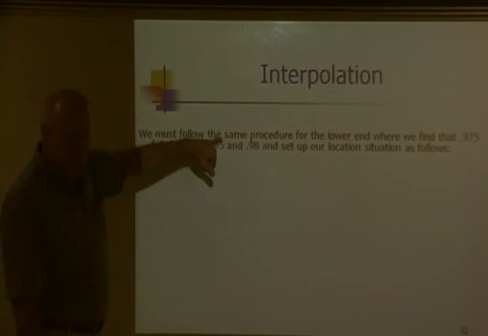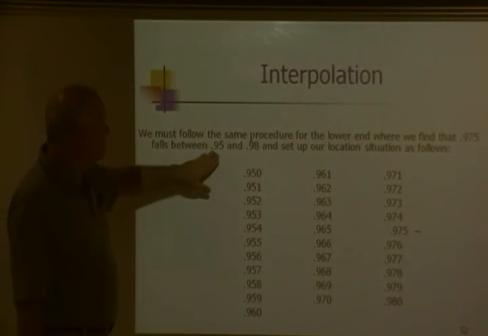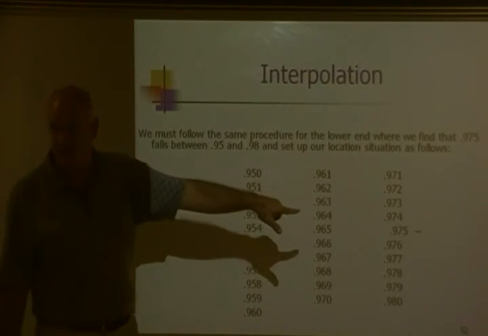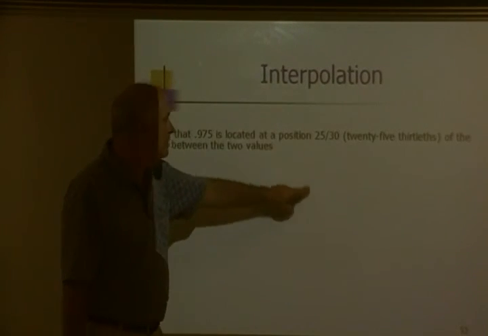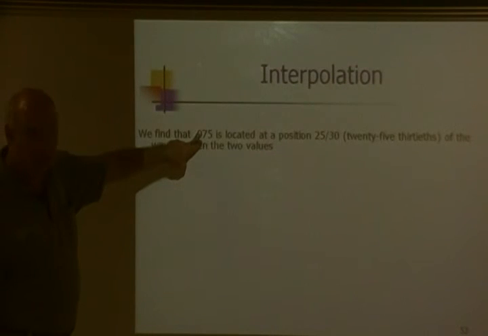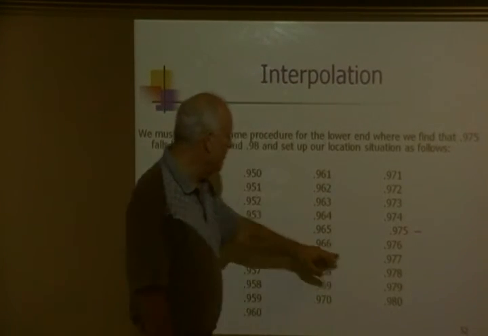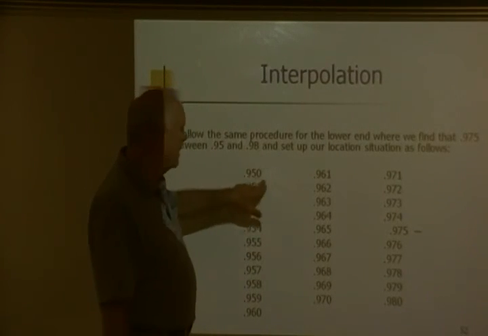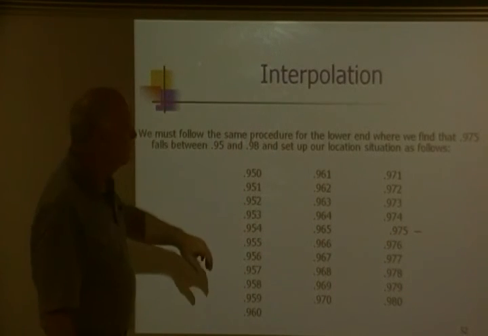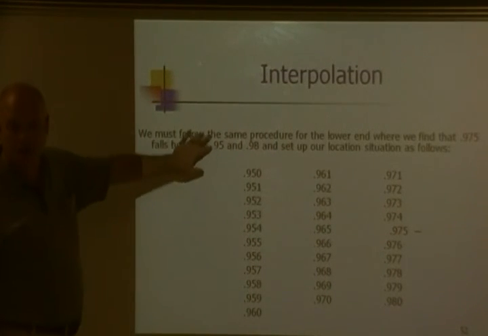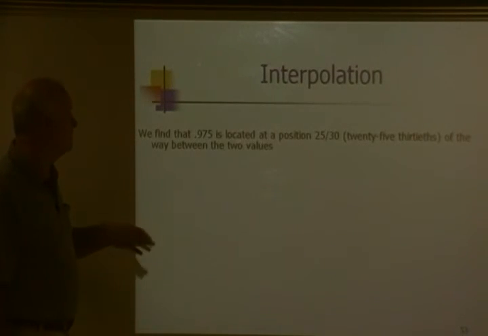So we follow the same procedure on the other end of the distribution. In this case, we need to find 0.975, and 0.975 comes 25 thirtieths of the way. If we count the 30 data points here, we find that from 0.950 to 0.980, 0.975 falls 25 thirtieths of the way in that distribution from the largest to the smallest.